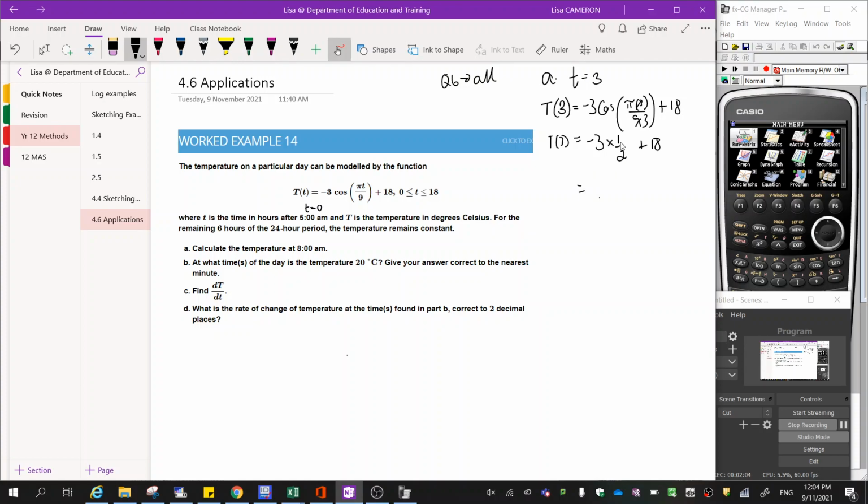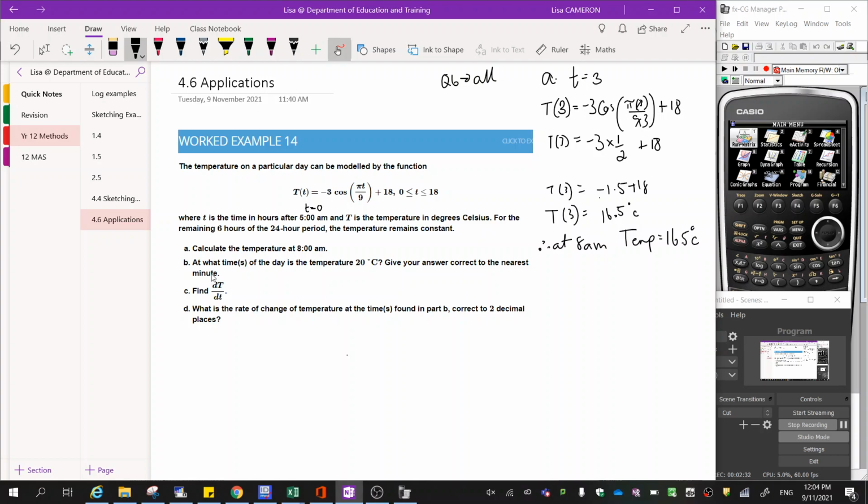So this can be simplified into minus 1.5 plus 18. And when I chuck that into a calculator or do it in my head, 18 minus 1.5 will make 16.5. So it'll be 16.5 degrees Celsius when the time is equal to 3. So therefore, at 8 a.m., the temperature is equal to 16.5 degrees Celsius.